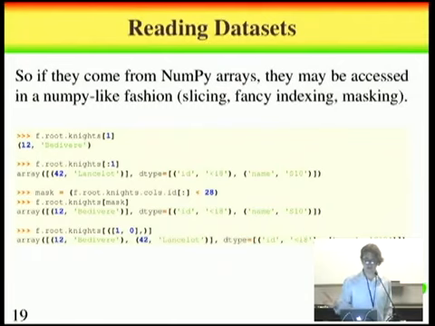If they come from NumPy arrays, for instance, you can access data from them using NumPy-esque slicing, fancy indexing, and masking. So here, even though nights itself is a table, if you ask for the first element, it's going to give you that first element back out. If you slice, it's going to give you an array.